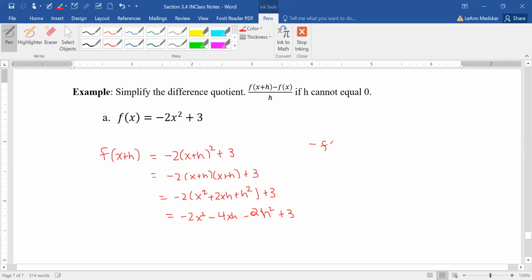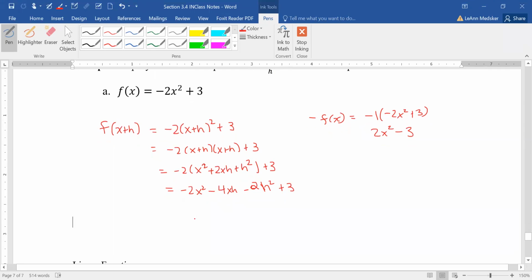Then we're going to do negative f of x because that's the second evaluation, just like we practiced earlier. That is -1 times your function. So that's positive 2x squared minus 3. So remember, just like before, we put those into my difference quotient formula for my numerator. So the first one is -2x squared minus 4xh minus 2h squared plus 3 plus 2x squared minus 3, because that's my negative f of x, all over h.